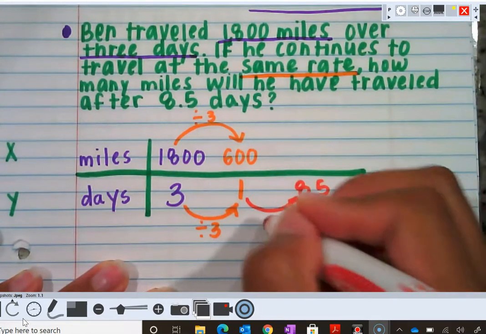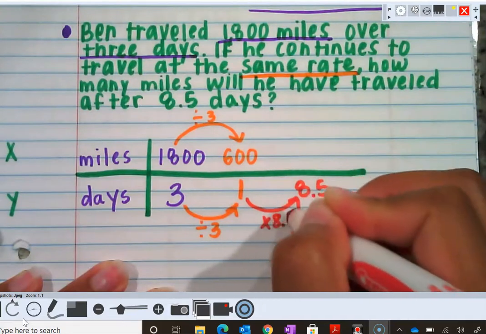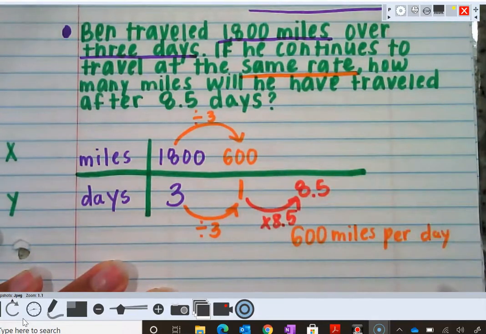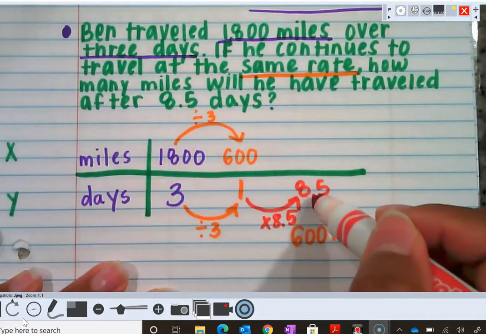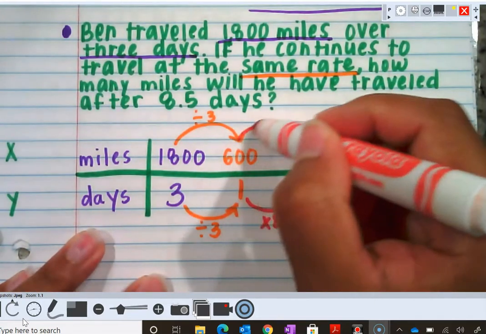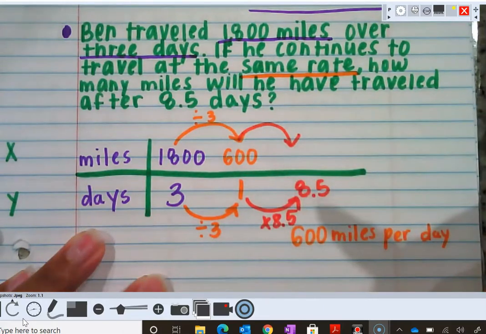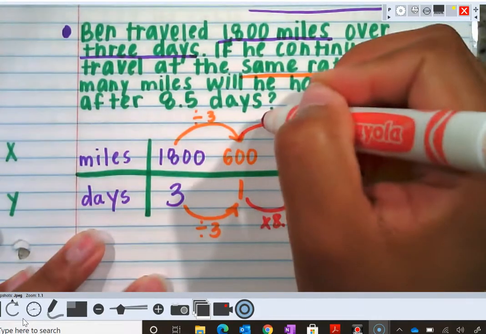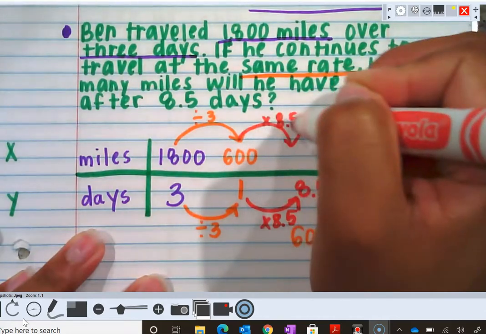Well, I'm just going to multiply by 8.5 because anything times 1 is that number. And whatever I do to the 1, the days, I have to do to the miles to keep my equivalency. So times 8.5.